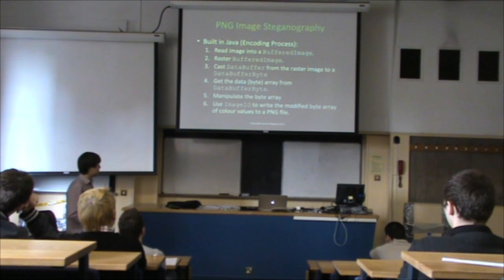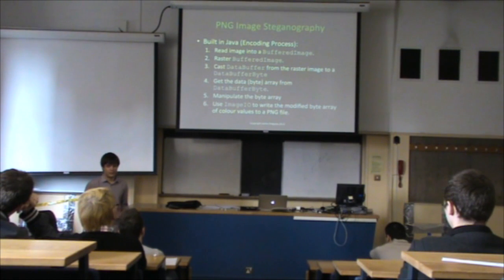Then by manipulating that byte array, and probably the better way to do it, you produce a separate output byte array, which is obviously the same dimensions, and you manipulate the bytes and store ones in your array. Then just by using ImageIO, there's a write method which will allow you to write that byte array out to a PNG file.